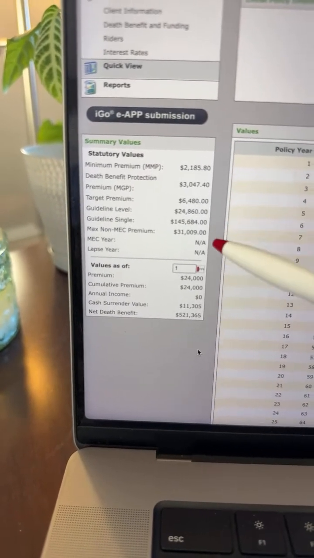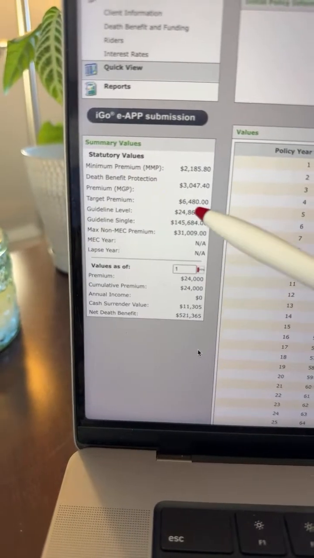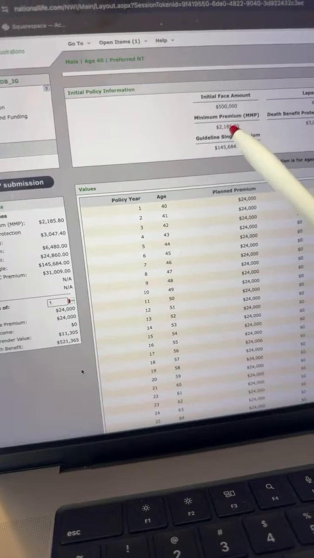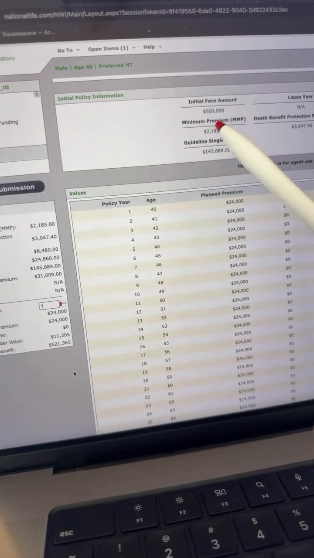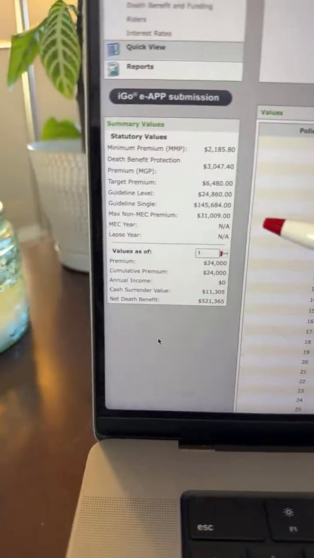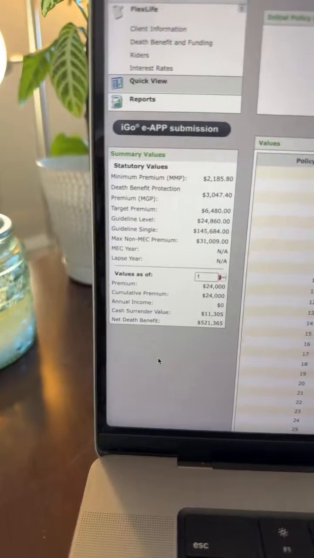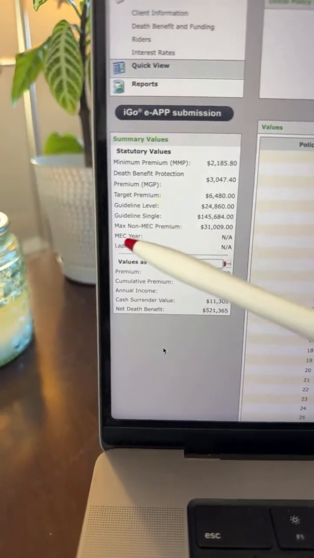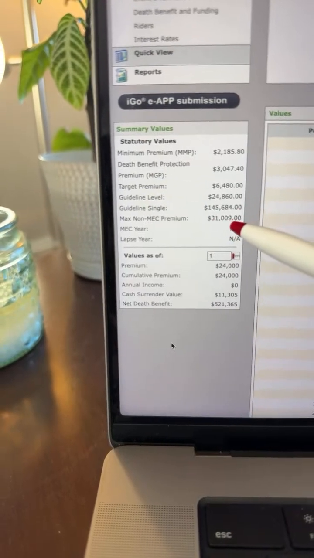While this guy's only 40, to be 40 and put in $30,000 a year, he needs a $500,000 death benefit. If he was 50, he could probably get away with maybe a $300,000 death benefit to be able to put in $30,000 a year. So the older you are, the less life insurance you need to put in the same amount of money.